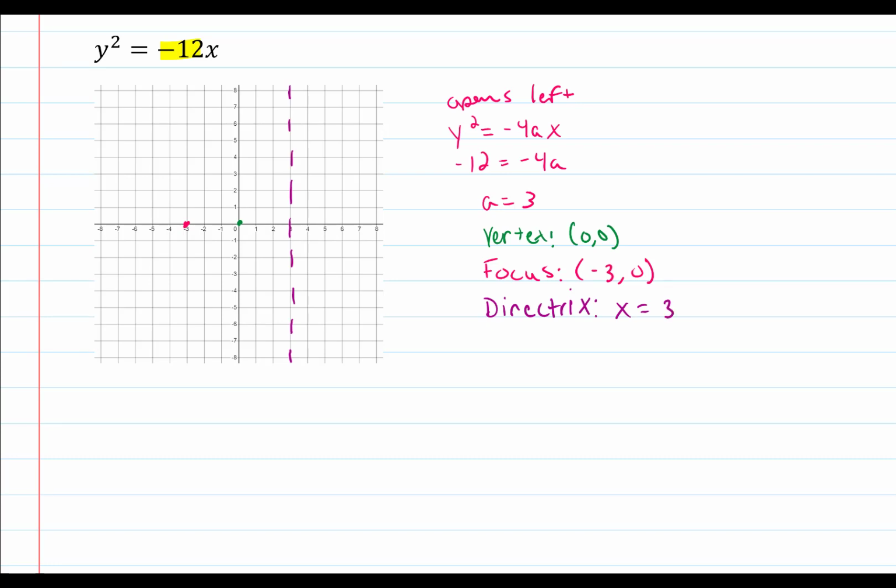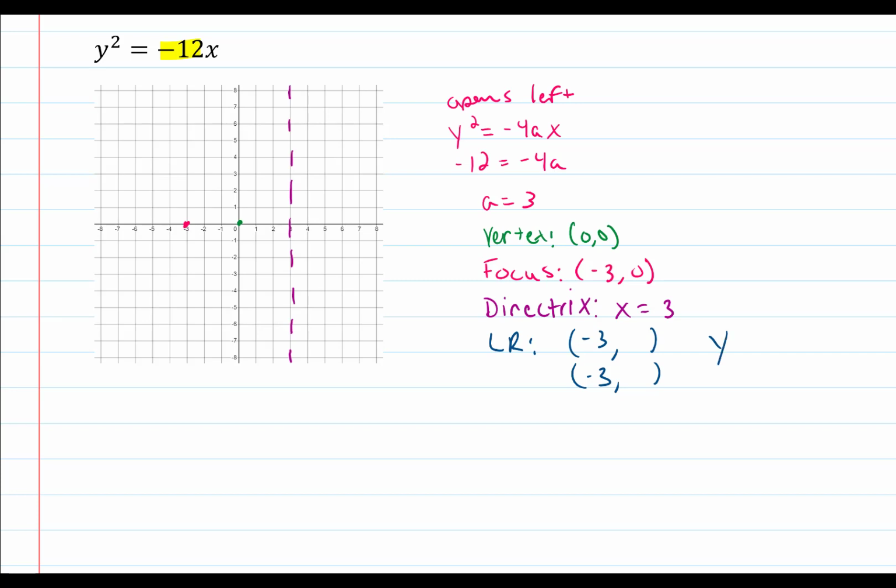Next, we need to find the endpoints of the latus rectum. Because the endpoints of the latus rectum will be above and below the focus, they all share the same x-coordinate of -3. Our y-coordinate is what we need to find. In order to find that, we will replace in the original equation the variable x with the value of -3 and solve for y.